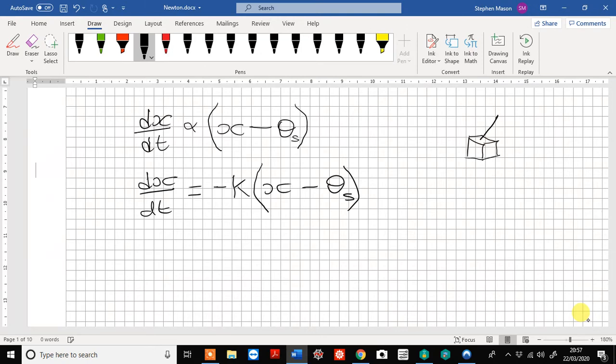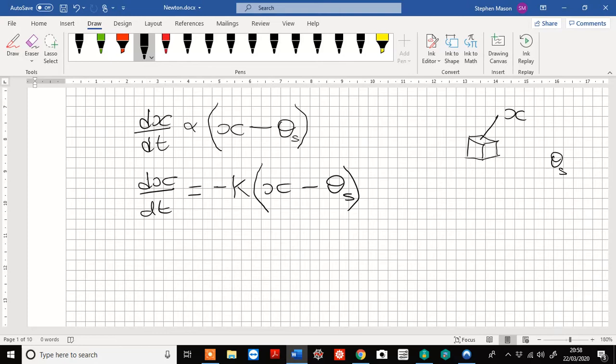Then this has some temperature X, and the surrounding air temperature is theta sub s. We know what that's going to be in the question because we're already told that it's 10 degrees Celsius, but we won't bother putting that in for now.